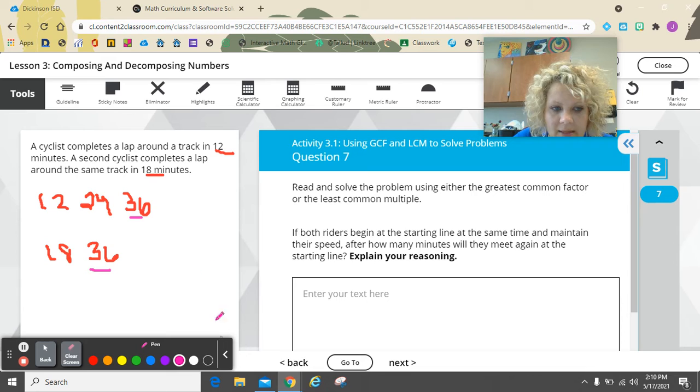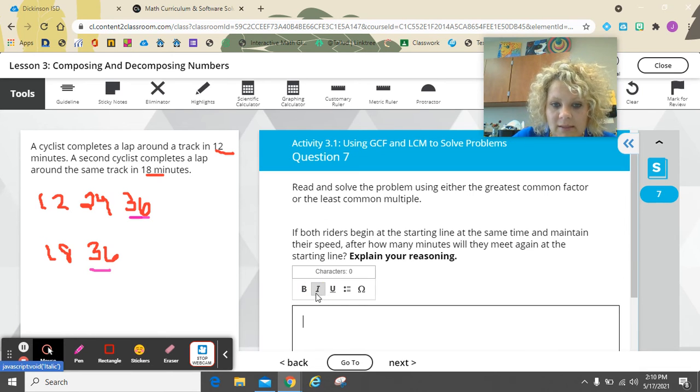Well, I can stop right there because I see 36. Nothing else is in common, but the multiple of 18 and 12 is 36. So there's my answer. If I continued on both of these, it wouldn't be necessary. I've already found a multiple that is the same. Okay, so there's our answer.